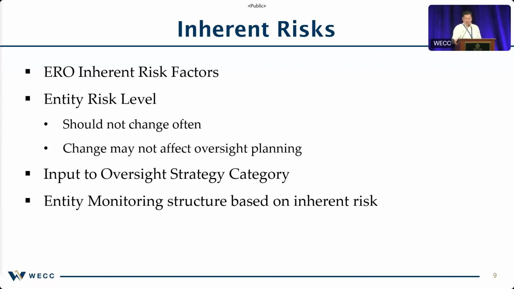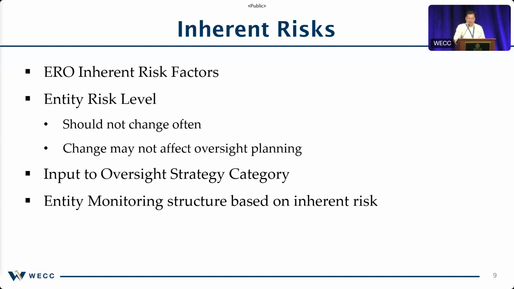So we've identified 18 risk factors that we use to determine an entity's inherent risk. And each inherent risk has specified functional applicability and rating criteria. These typically don't change, but recently, last couple of years, we've added and removed some SIP risk factors. So I think we have 3 SIP risk factors, where before we only had 2.